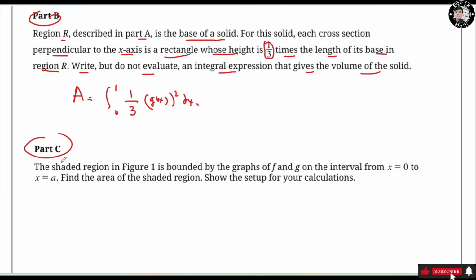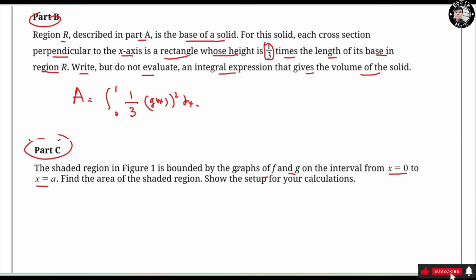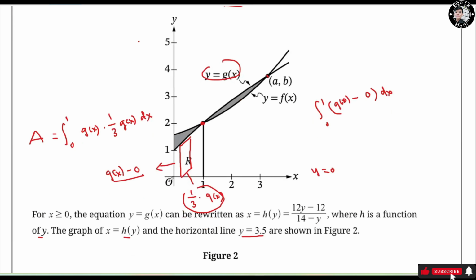Now question C. The shaded region in figure 1 is bounded by the graphs of f and g on the interval from x equals 0 to x equals a. Find the area of the shaded region. So x equals 0 is right here and x equals a is right here.